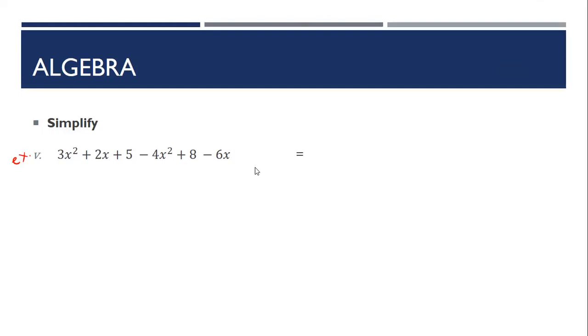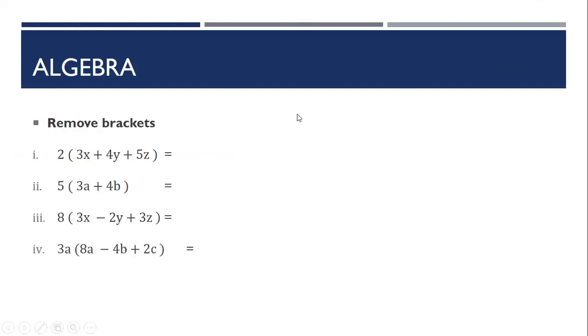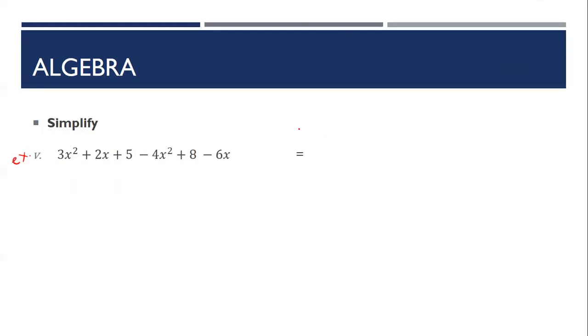Okay, so let's see. In question number 5, we have x square terms. I write them: 3x square minus 4x square, and plus 2x minus 6x, the x terms. And the constants, plus 5 and plus 8.